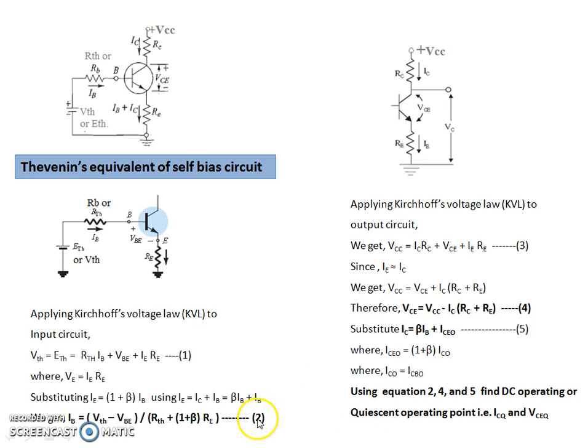Now, using equation number 2, equation number 4 and equation number 5, one can find DC operating or quiescent operating point, that is ICQ and VCEQ, for given specification.